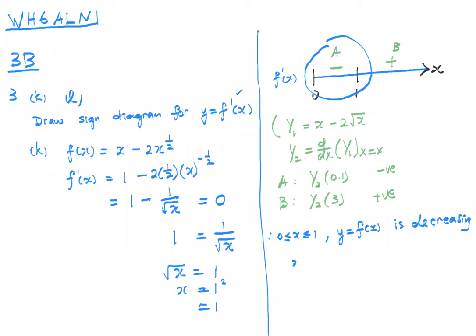For x greater than or equal to 1, y equal to f(x) is increasing. So that is how you do it using calculus. Are you clear? You differentiate, you get the point, you draw the sign diagram, and you get the answer.